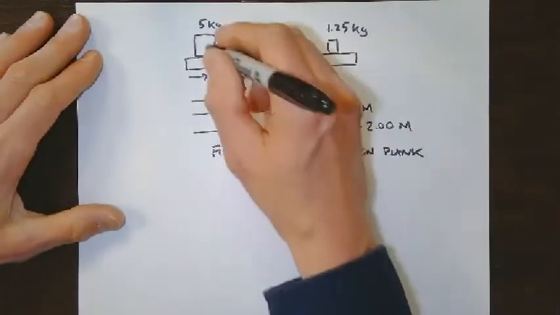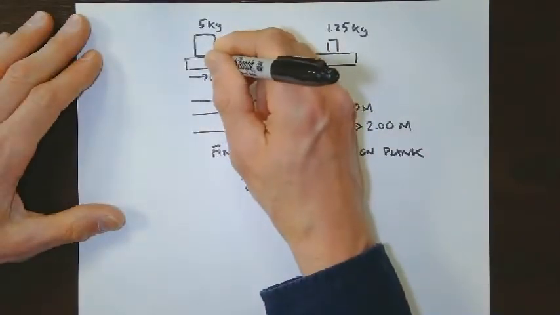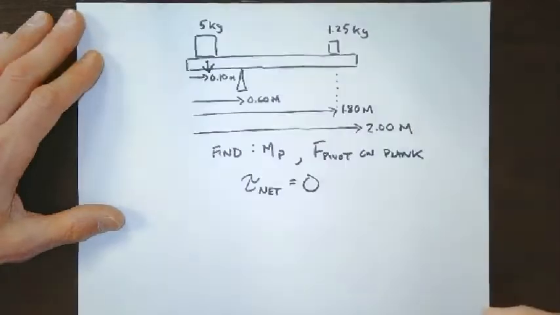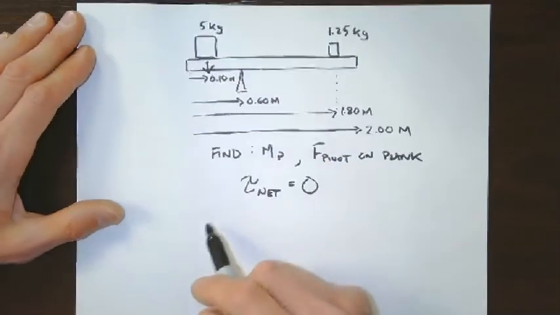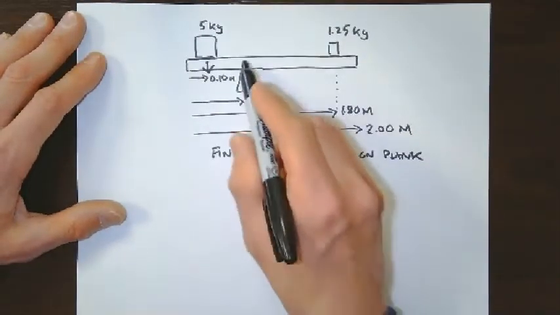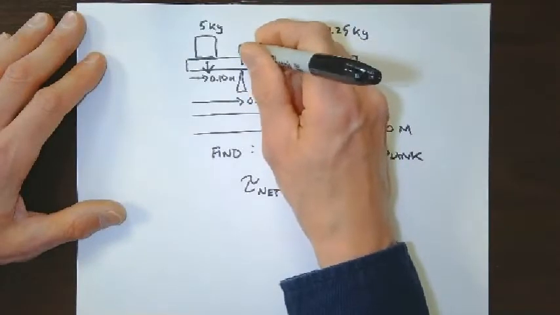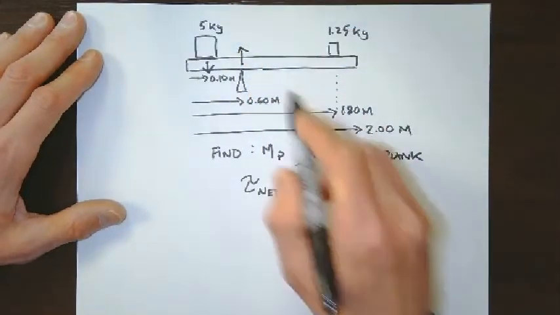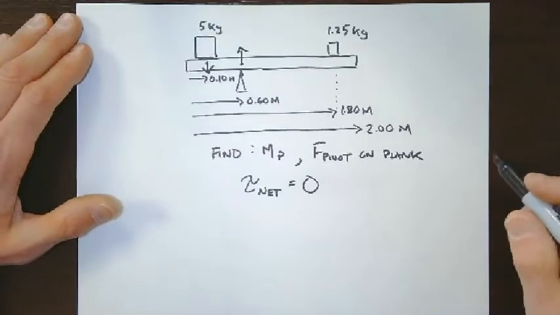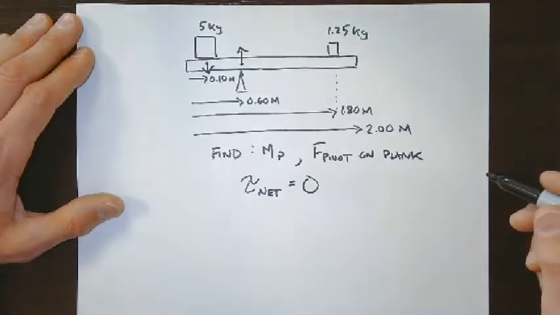You're going to have a downwards force from that 5 kilogram object pushing down on the board. The pivot is going to exert an upwards force, right? The plank itself is being acted upon by the earth, right?